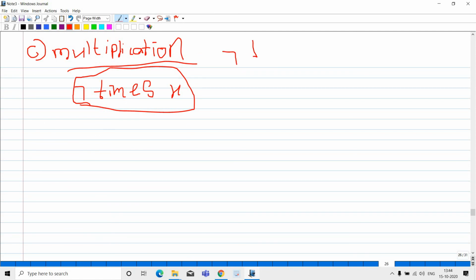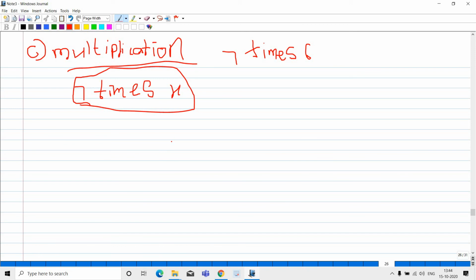Suppose there are 6 boxes, and in each box there are 7 chocolates. 6 boxes, 7 chocolates in each box.